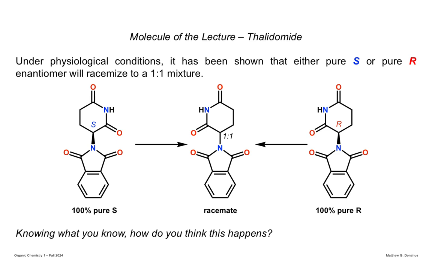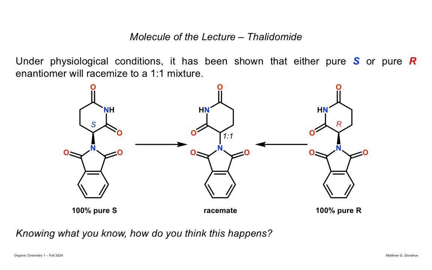So thalidomide was sold, prescribed commercially as a 1-to-1 mixture of R and S. It was found that the S enantiomer was responsible for the birth defect. So why couldn't the company just take the pure R enantiomer, rebrand it, and sell it as an anti-nausea drug?